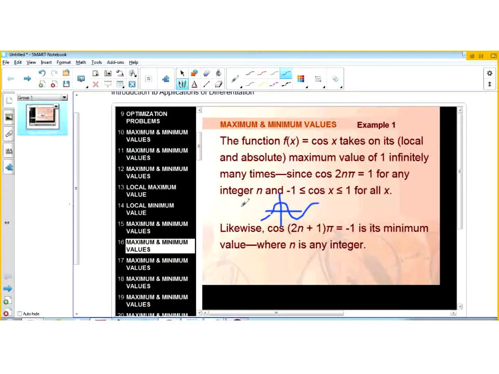It never goes above 1 and it never goes below -1, right? And so at all of these integral multiples of 2 pi, the output will be 1. And -1, of course, is the minimal value. So in this case, the local minimum is the same as the global minimum, and the local maximum is the same as the global maximum for the cosine function. And there are infinitely many such, right?